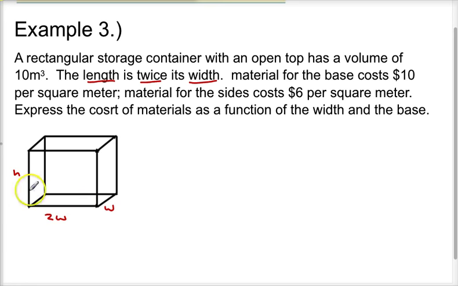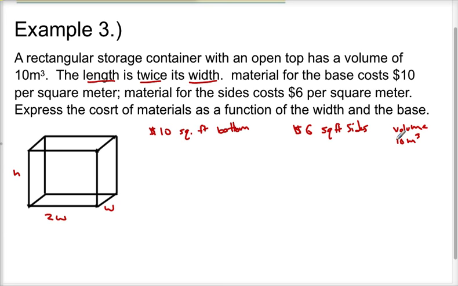And then the height of the box is just going to be H. I also know that it's $10 per square foot for the bottom, and I know that it's $6 per square foot for the sides. And then I also know, which is going to come into play later, that the volume is 10 cubic meters.